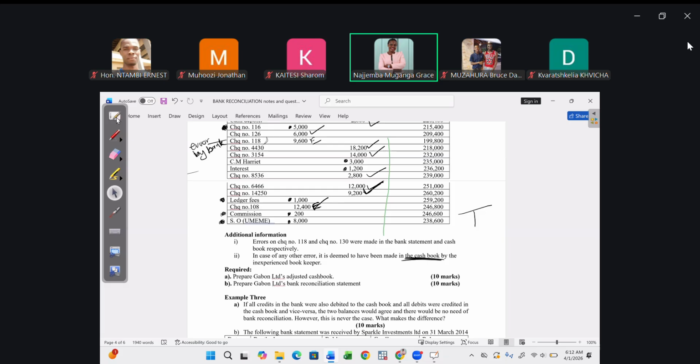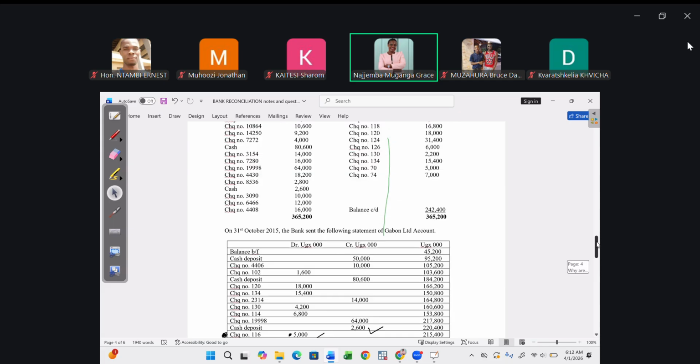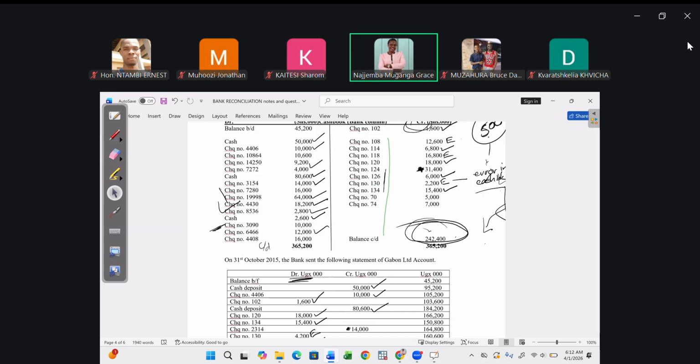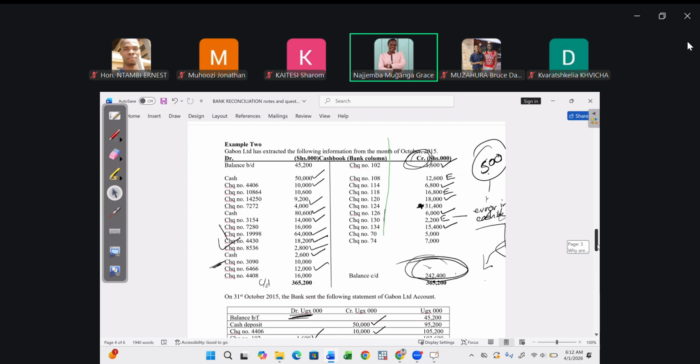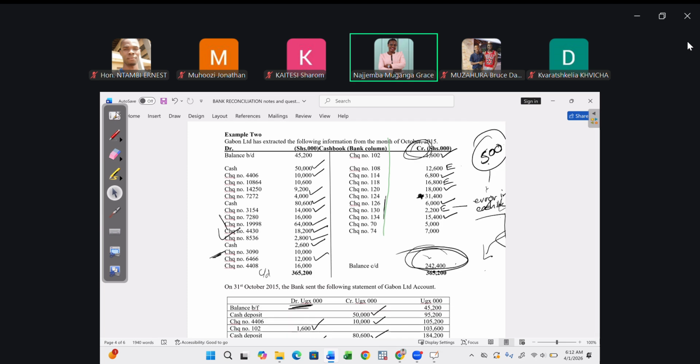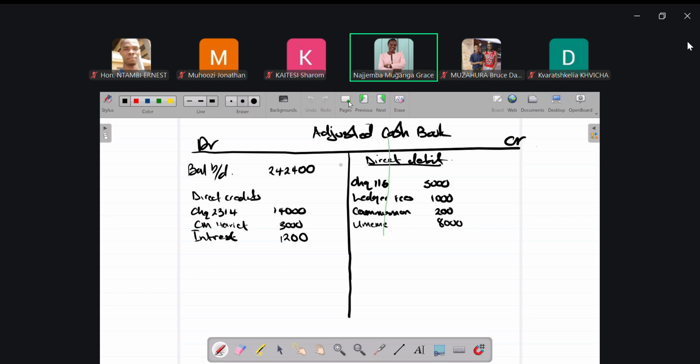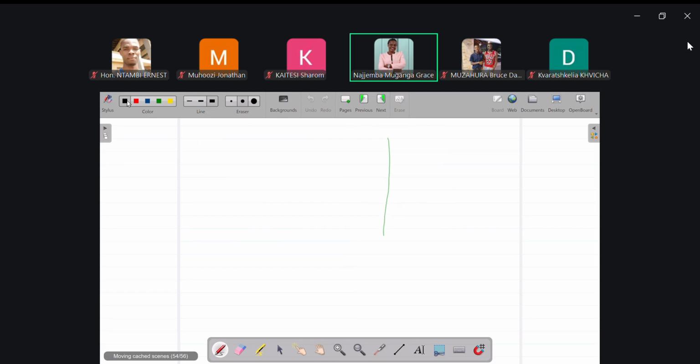I hope that is clear. So now we have this error on check number 108. When correcting errors, you can have some side work. As you move on, you'll be able to do it without these workings. But for now, let us get used to them.